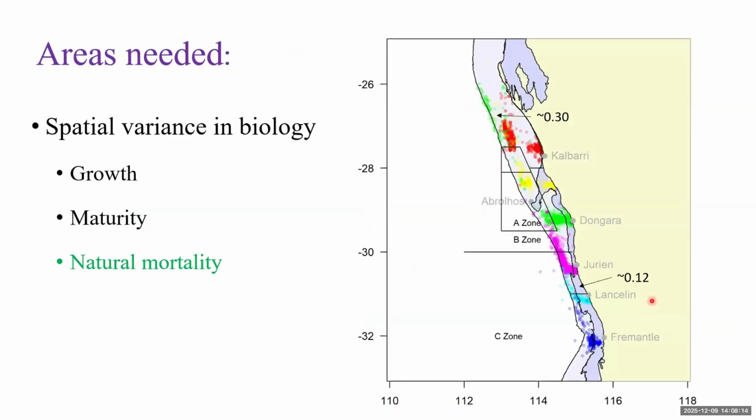We also have different natural mortality throughout the fishery. I've just put two extremes up here. Some Brownie tag capture work we've done in closed areas and adjacent to closed areas to the south of the fishery gives us estimates of M of around 0.12, whereas it's over double that in the north.